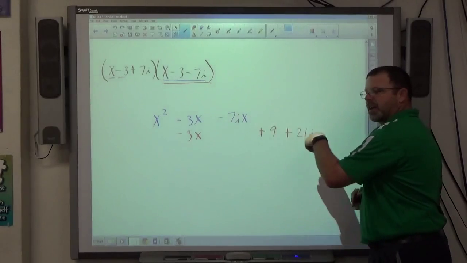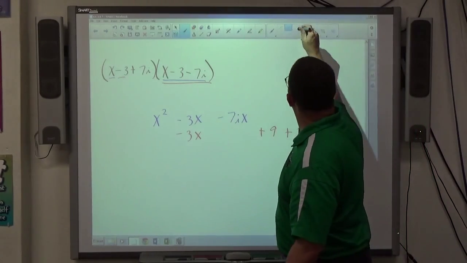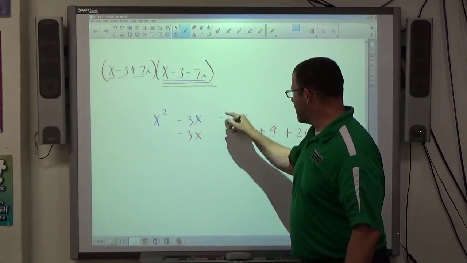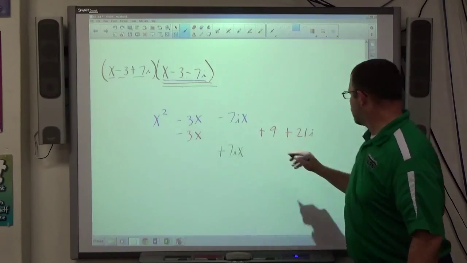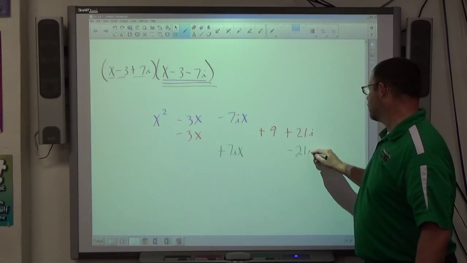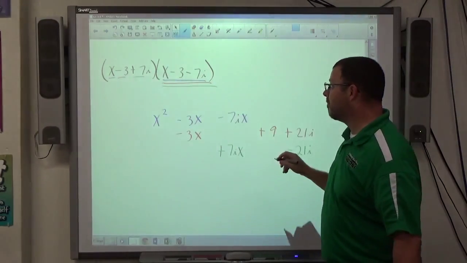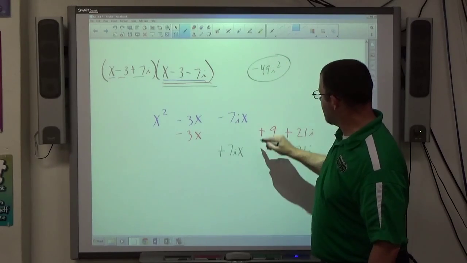I have an ix, but not just an i. So I'm making new columns as I get new things. And then if I do the last one, 7i times all that stuff, I get plus 7ix. I can put it right under the minus 7ix. I get minus 21i, put that underneath the plus 21i. And I get plus 7i times minus 7i, which makes minus 49i squared, also known as plus 49.